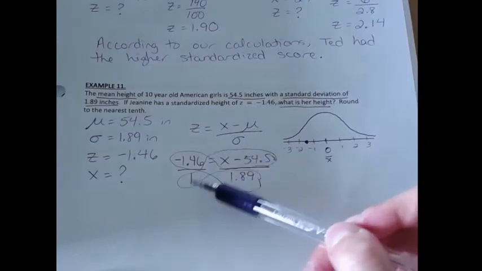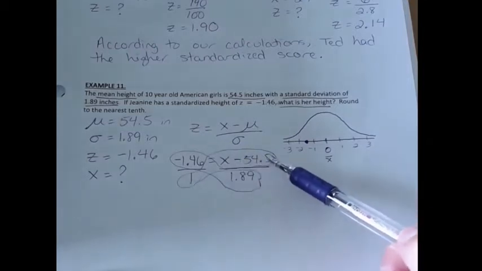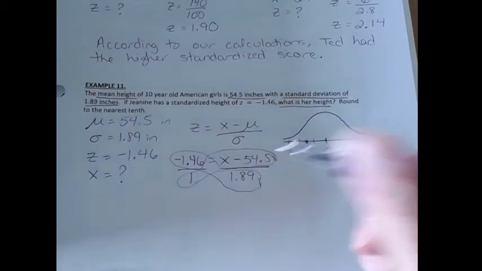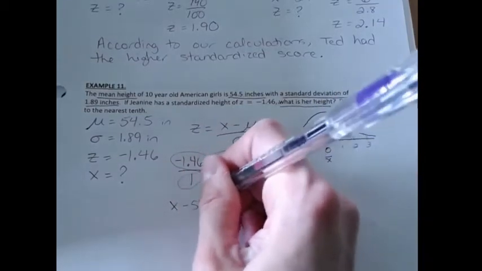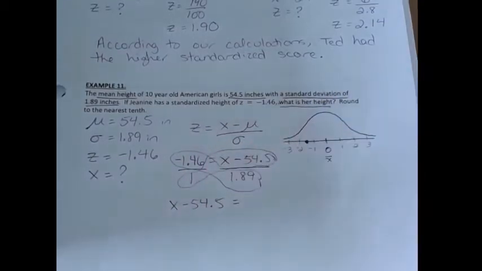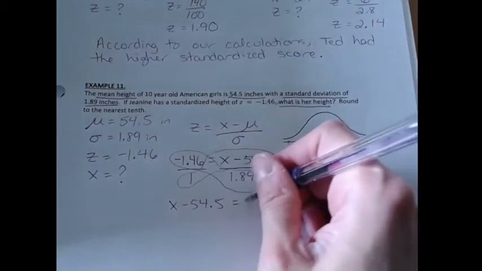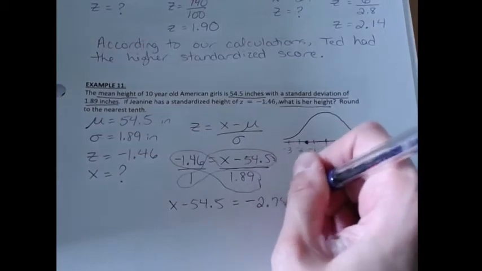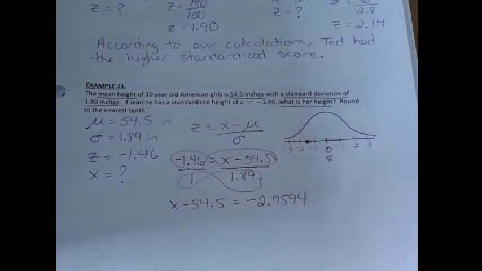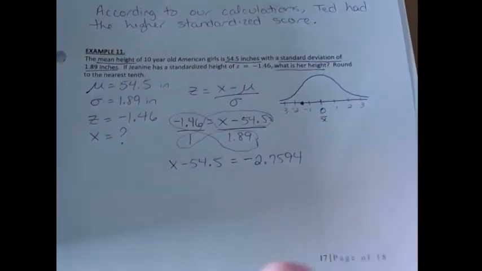So here we have 1 times x minus 54.5. So 1 times this expression is x minus 54.5. And then we have in our other bubble negative 1.46 times 1.89. Negative 1.46 times 1.89 gives me negative 2.7594. I'm not going to round yet. I want to wait to round until I'm all the way finished.